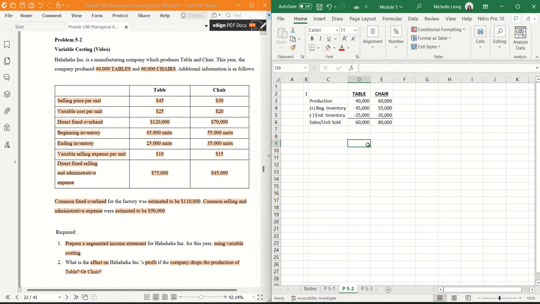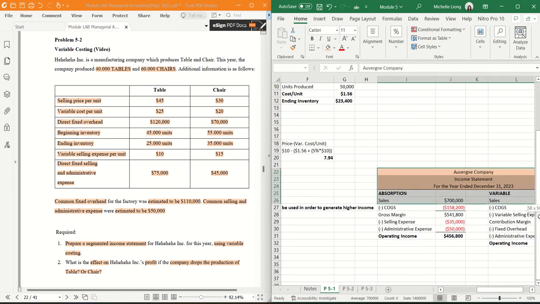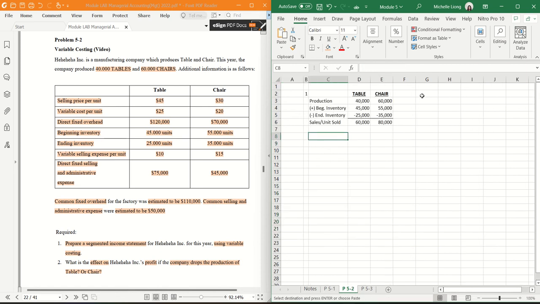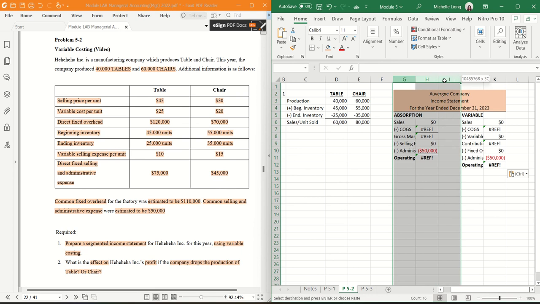Okay, the next thing we're going to do is to make the income statement. So for the income statement, I'm just going to copy paste this one.